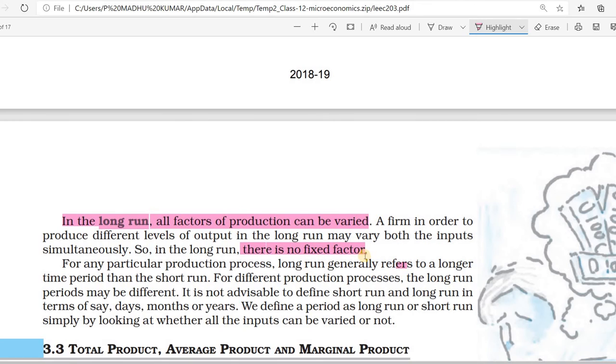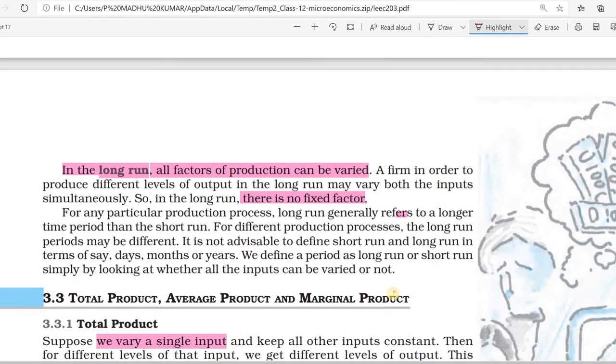We will change the labor, the capital, the building, the land, the inputs, the raw materials, all these things we will change. That one is the long run. It is difficult to define in terms of days or months. We cannot say that 10 days is the short run.